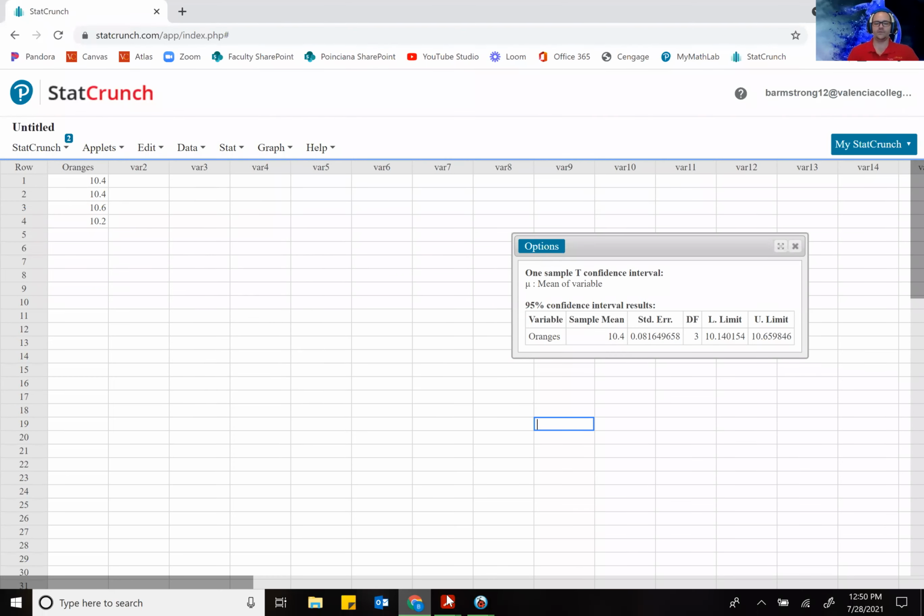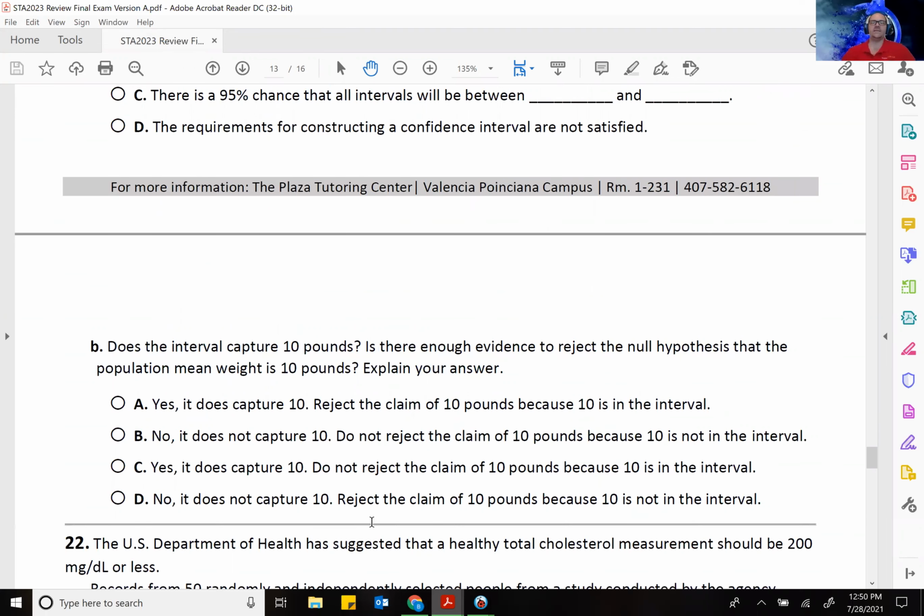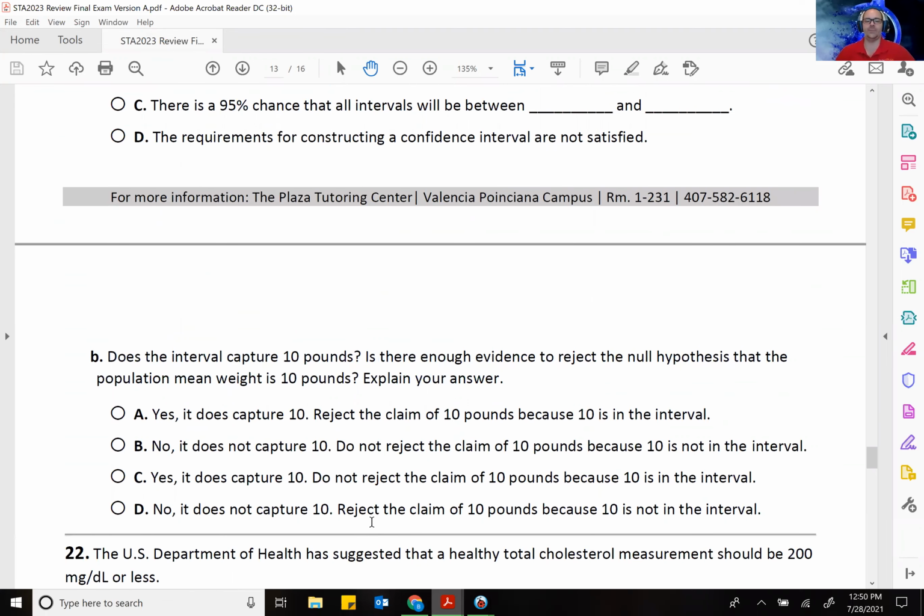Okay, so let's come back. We've got all of our information now. We got question B here. Does the interval capture 10 pounds? No. Okay, so that means we're at B or D. If I was doing a hypothesis test on this, would I reject the null hypothesis that the population mean weight is 10 pounds?